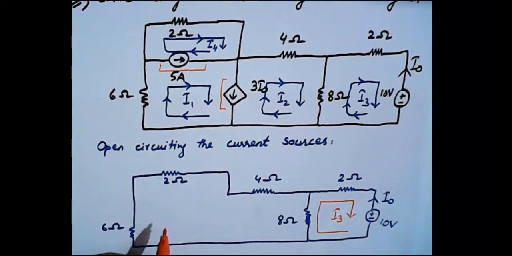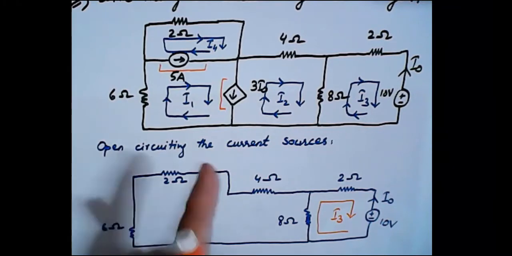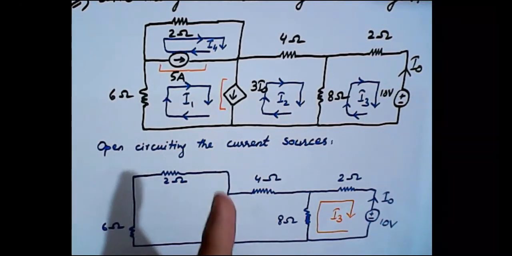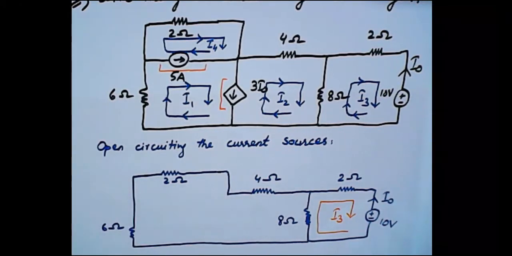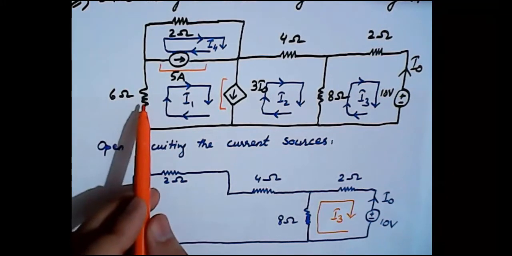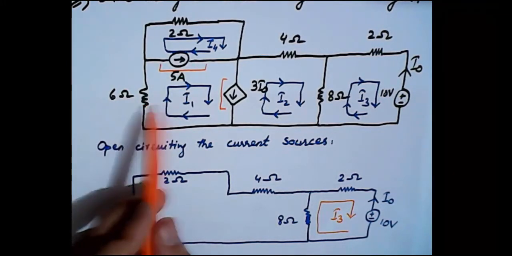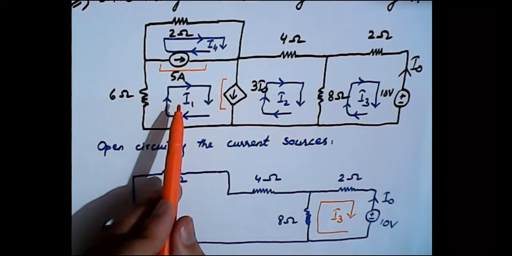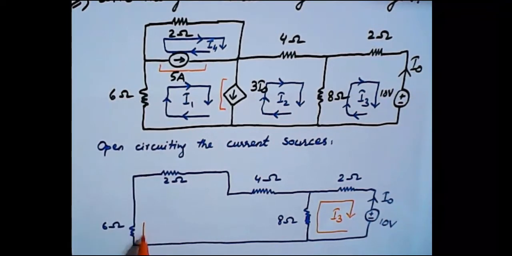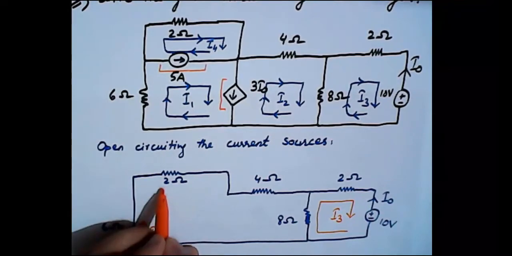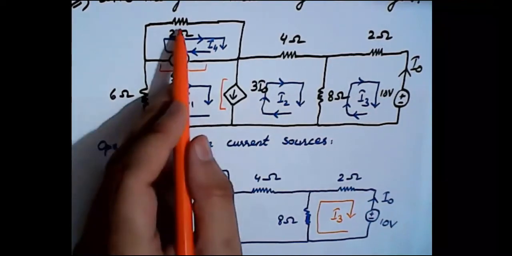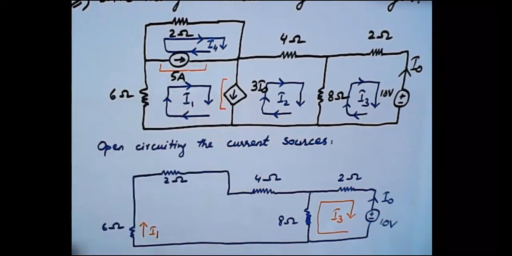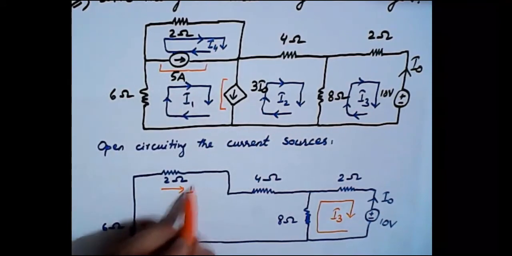And now this is a super mesh. Why is it a super mesh? Because it is a single mesh involving multiple currents. How is it involving multiple currents? You can see that through the 6 ohms resistance, which value of current is flowing? I1 is flowing, right? And through the 2 ohms resistance, I4 is flowing.